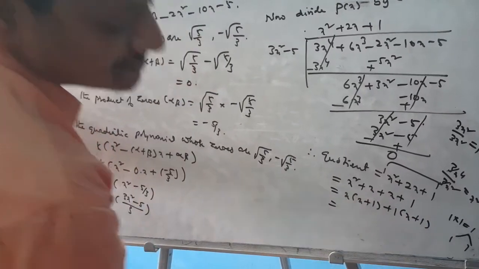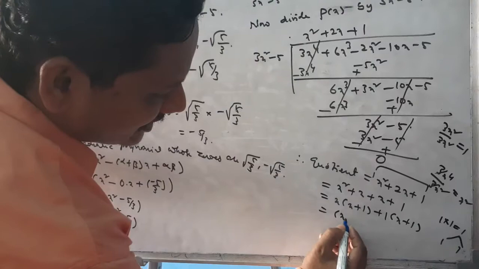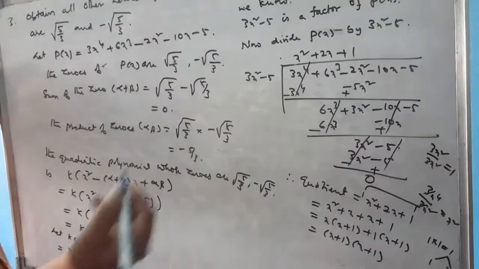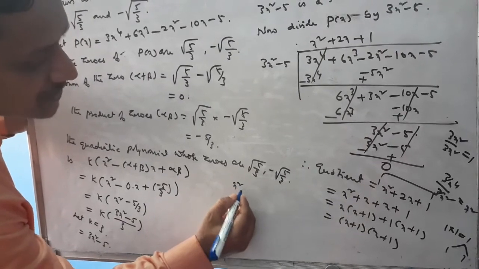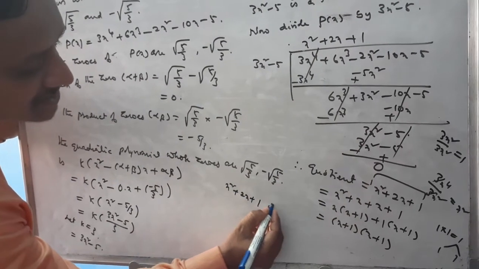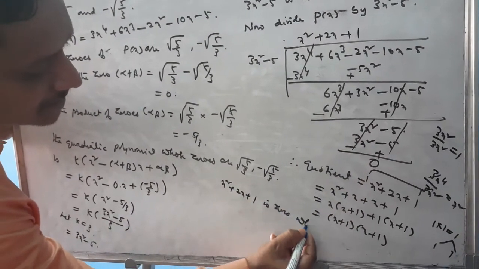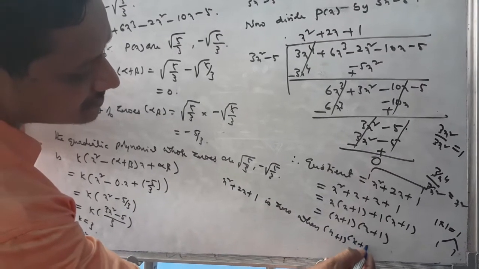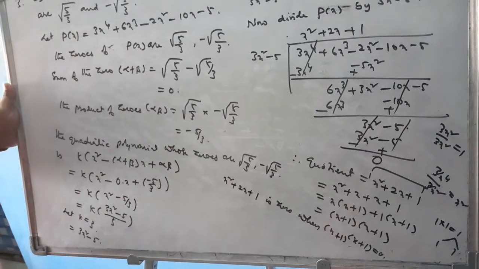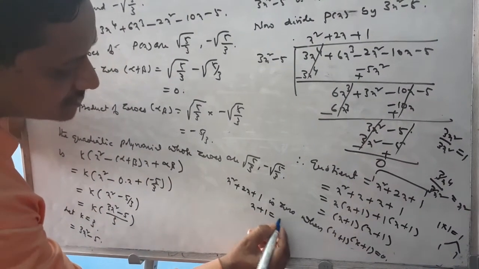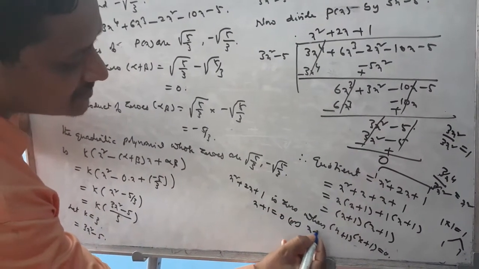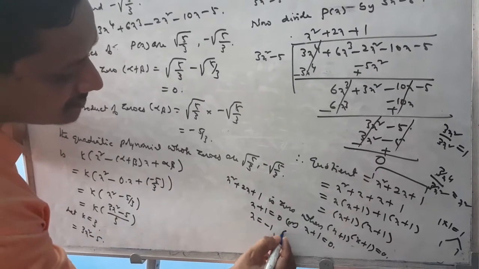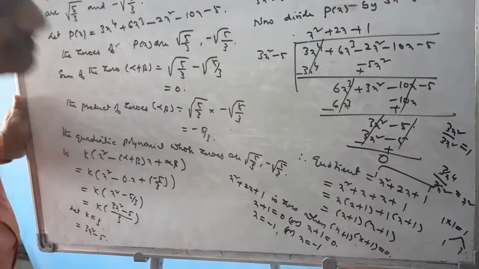Both of them having x plus 1, so we will get x plus 1 into x plus 1. So the quotient x square plus 2x plus 1 is 0 when x plus 1 into x plus 1 equals 0. So x plus 1 equals 0 or x plus 1 equals 0, so x is equal to minus 1 or x is equal to minus 1.